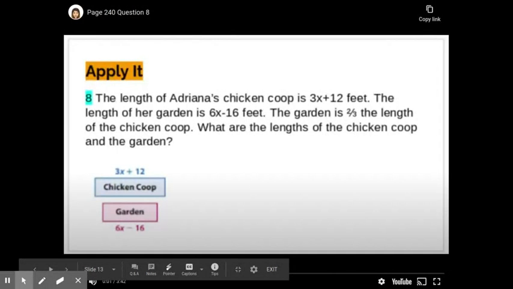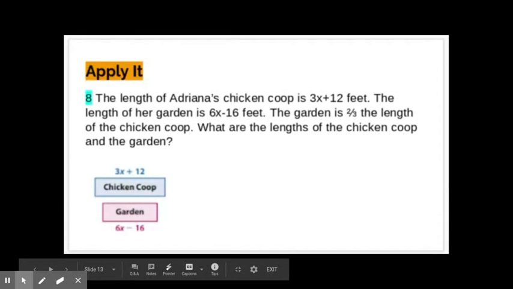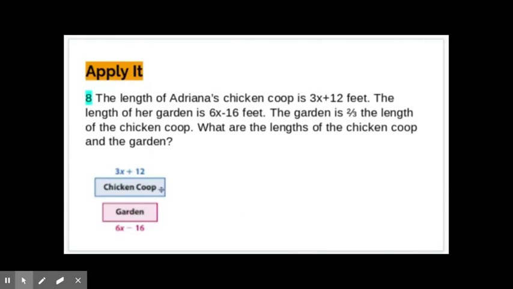So for this problem, we're saying that the length of Adriana's chicken coop is 3x plus 12 feet long, as it states here. And the length of her garden is 6x minus 16 feet long, and the garden is 2/3 the length of the chicken coop. We want to figure out what the lengths of the chicken coop and the garden are. So we need to set up our equation.